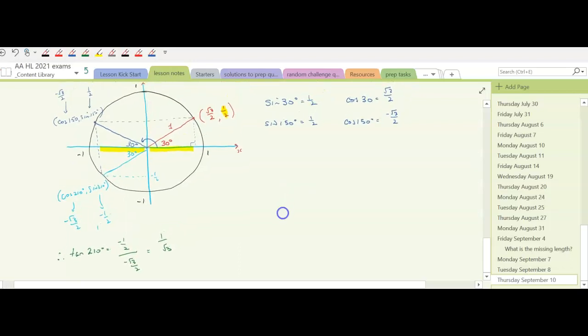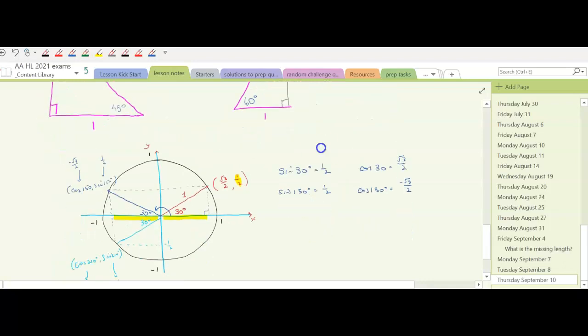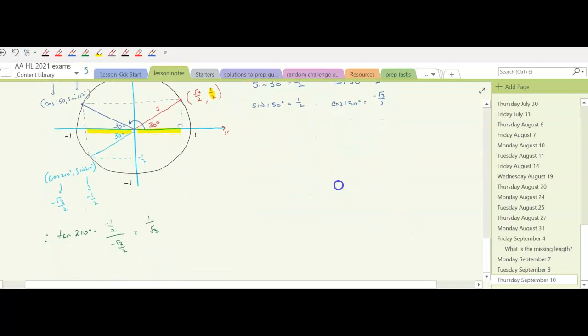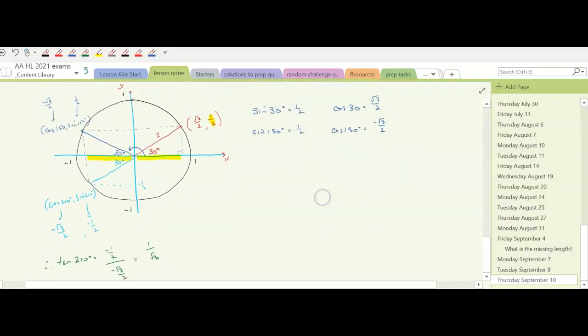So I could work out from that what tan 210 is. And this is all just coming from my understanding of my exact values from SOHCAHTOA. It's also coming from our newly defined trig functions according to the angle at the center made by positive x and the radius. And so let's not leave the fourth quadrant out.